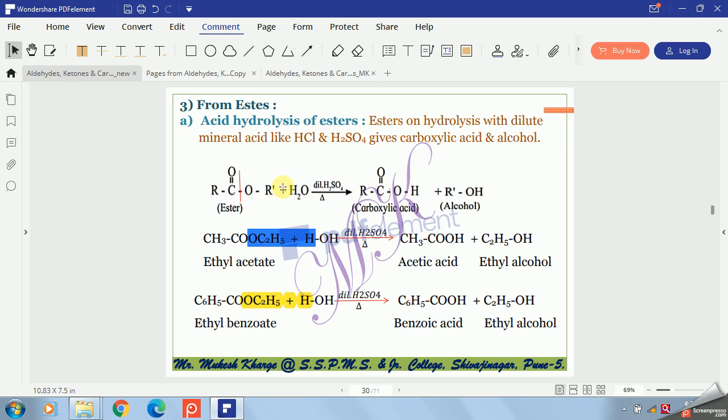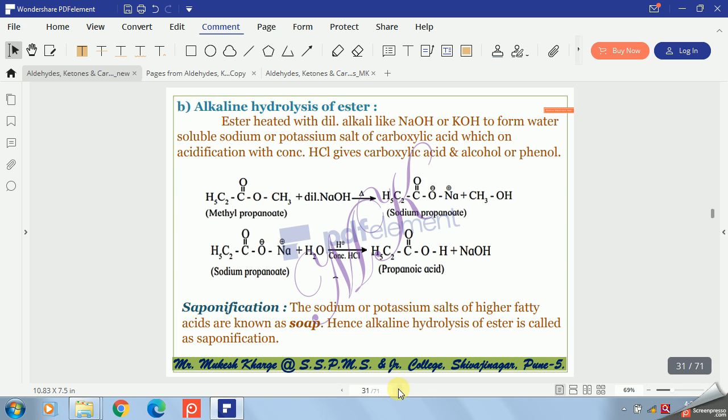So I'll write here. In this way you can write it. Then the next reaction is preparation of again your acid, but by alkaline hydrolysis of that ester.